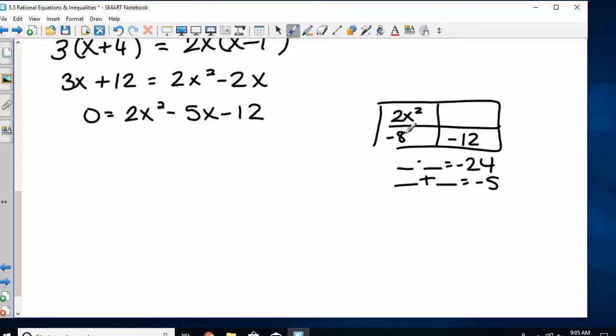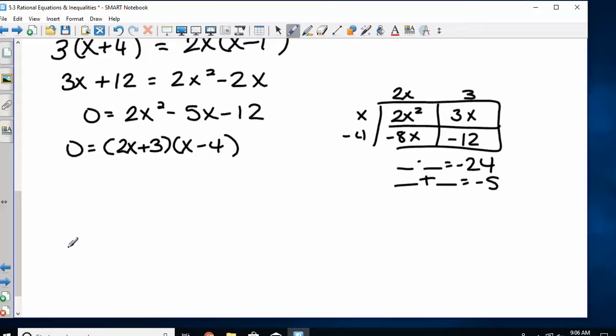Negative 8, positive 3. So factor, we get 2x and 3x minus 4. Okay, we set each of those equal to 0.